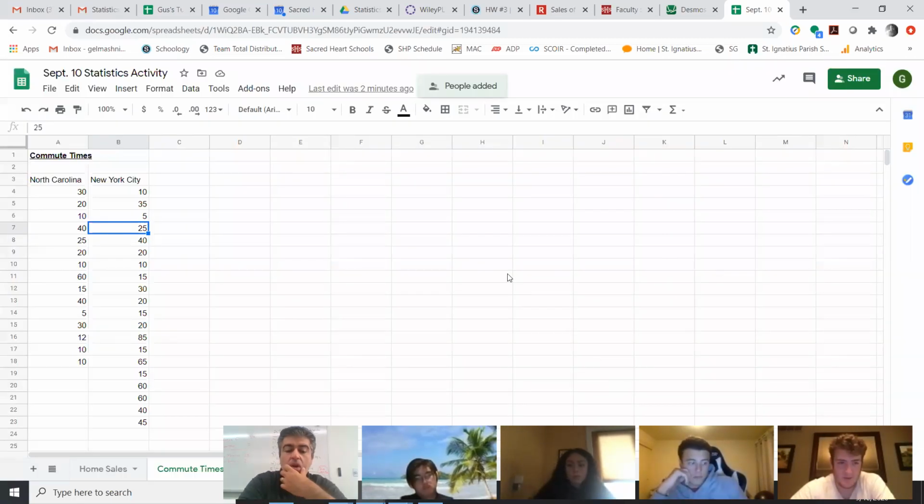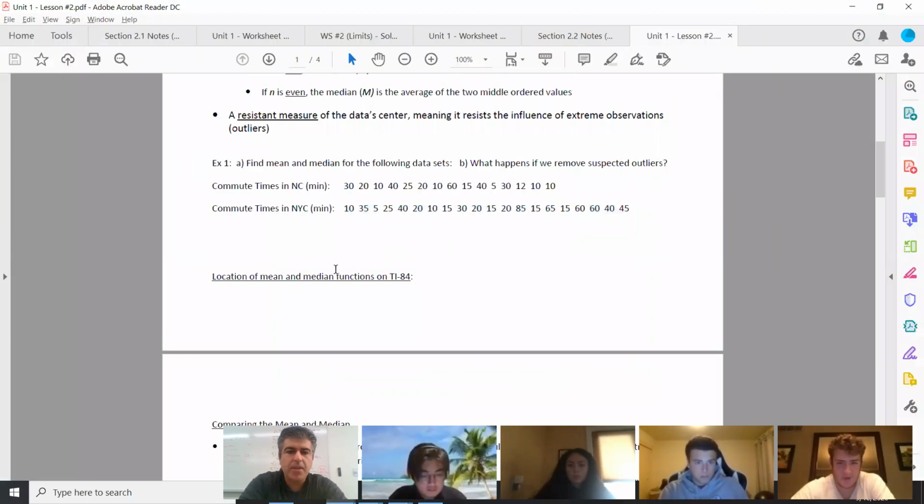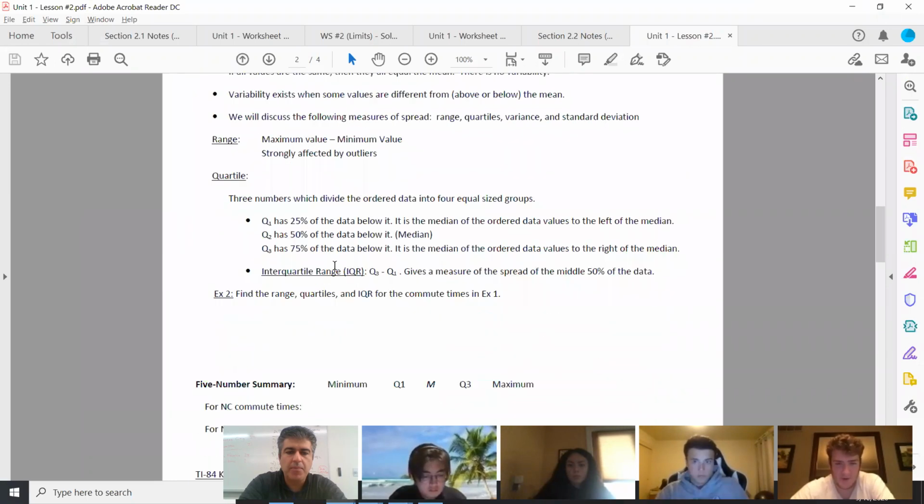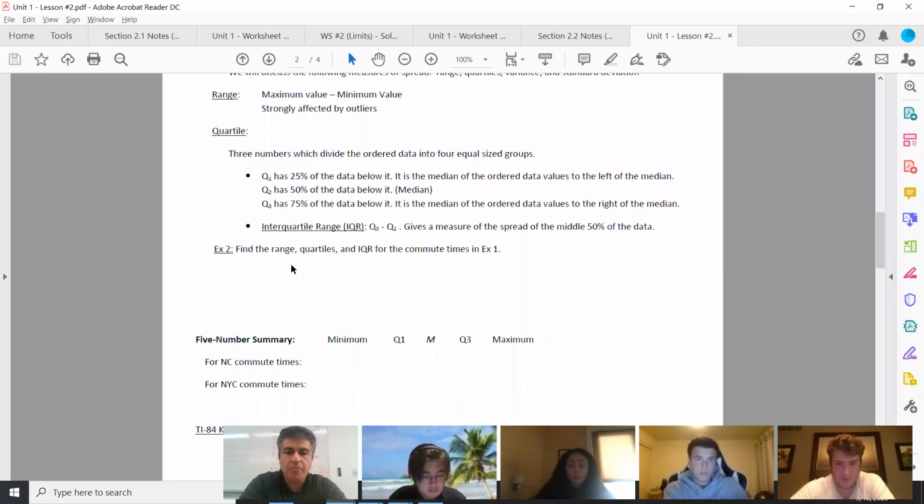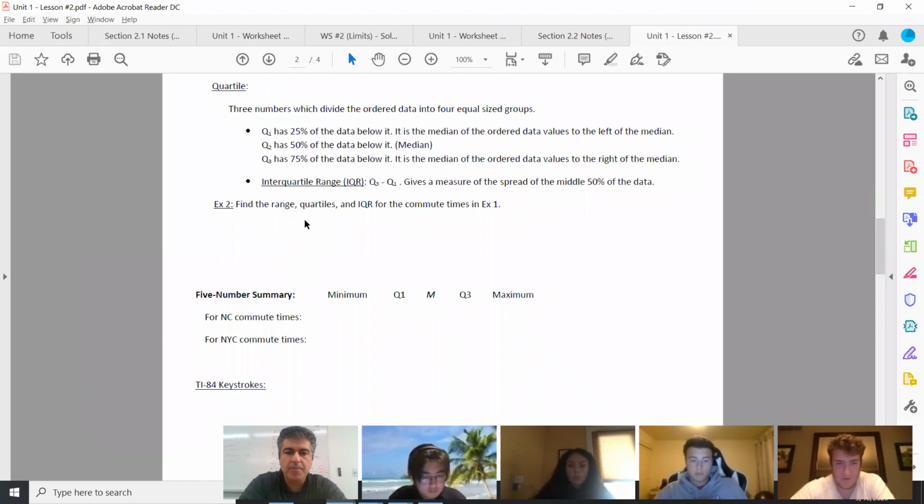Okay, so if you go to your emails, you should have access to the file or to the spreadsheet here. So what you guys are going to do in your breakout rooms is what I just did. You're going to calculate the range, the first quartile, second quartile, third quartile, the interquartile range, and you could probably put it all down here.